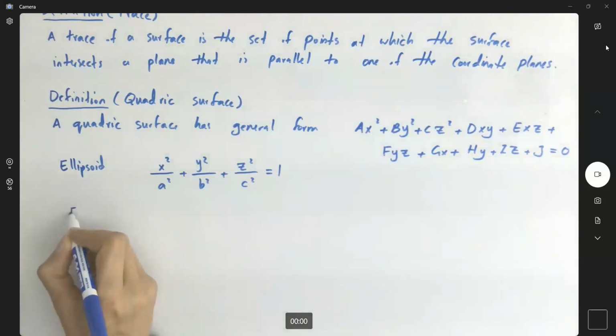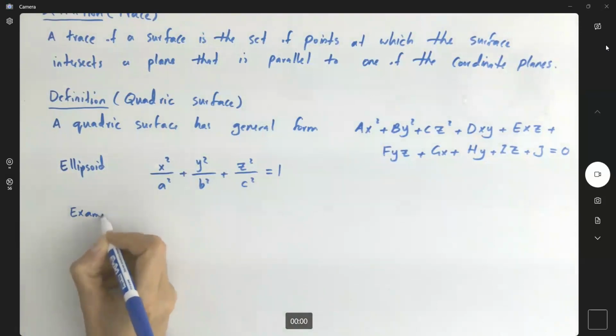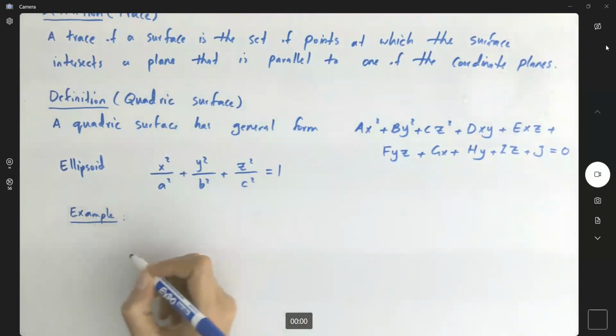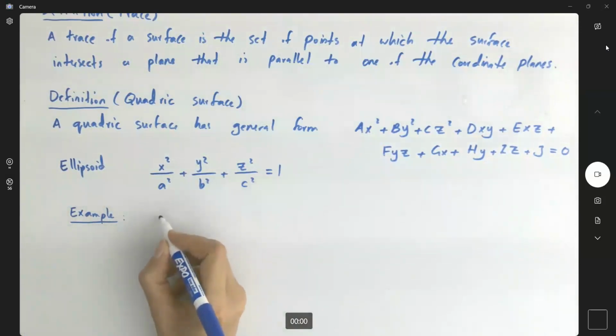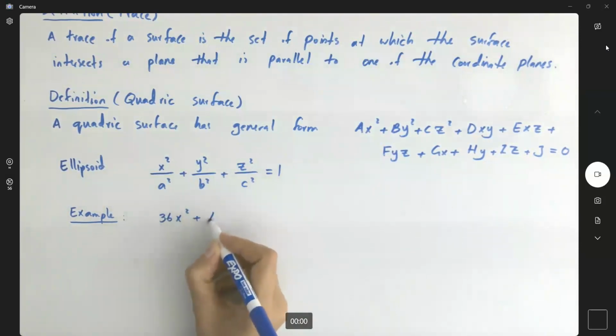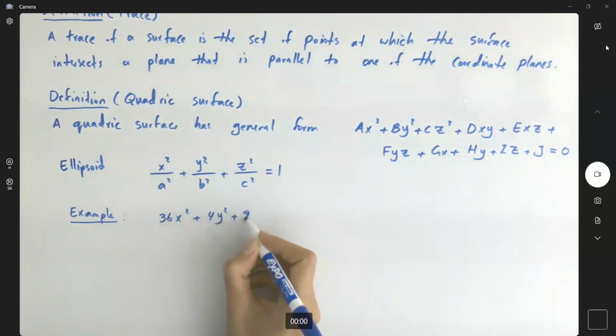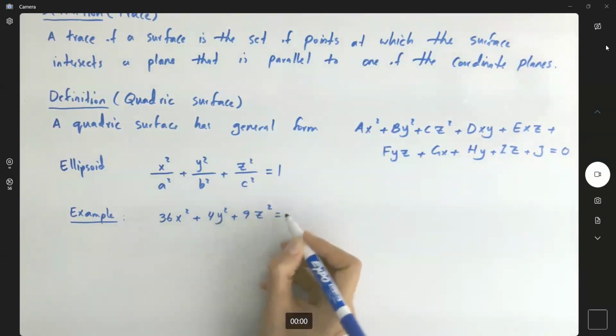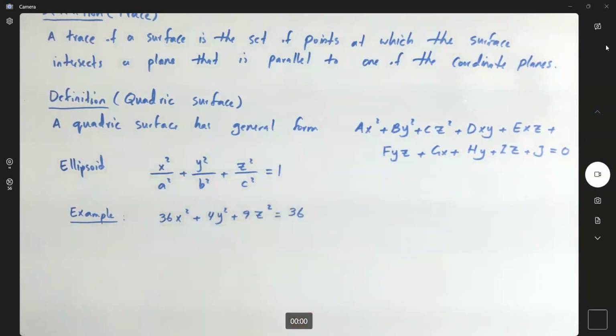One example of an ellipsoid is given to us as 36x squared plus 4y squared plus 9z squared equals 36. Well, you might say, hey, what does this equation have to do with this standard equation?